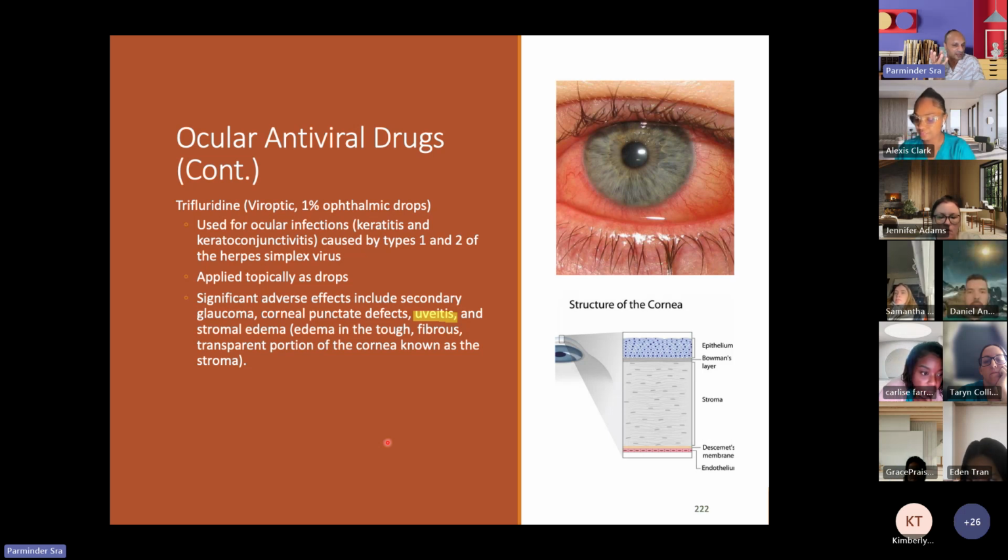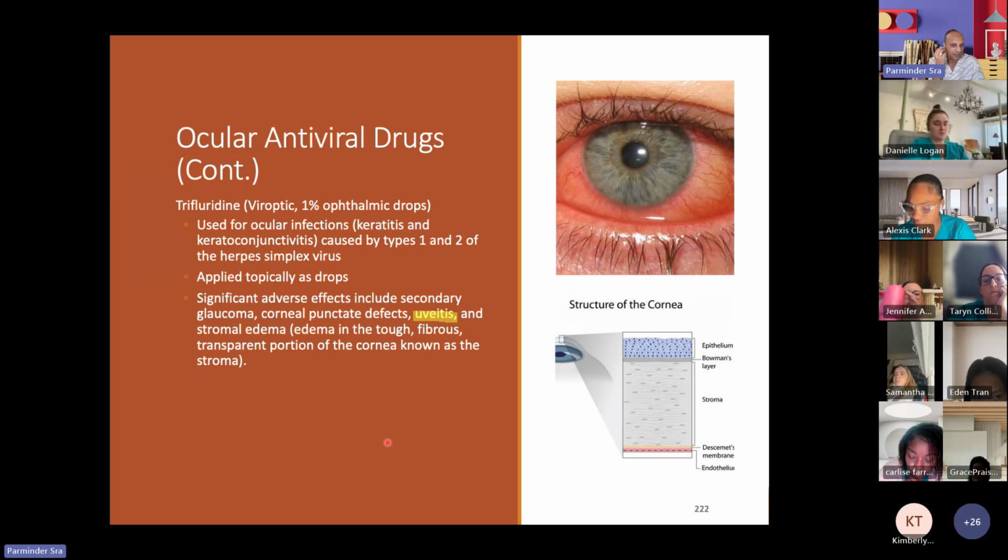It usually comes suddenly and quickly becomes worse, with redness in the eye, pain, and sometimes blurry vision as well. Could be in one eye or both eyes, but it could be because of the adverse effect of trifluridine. So please know what uveitis is.